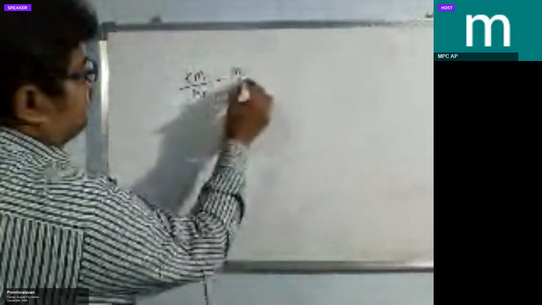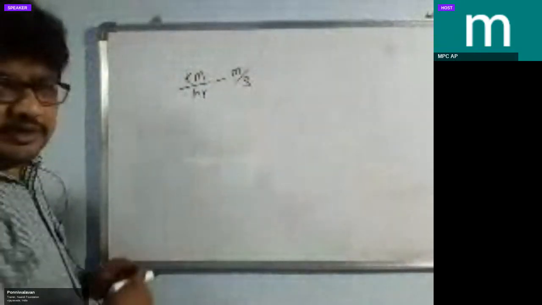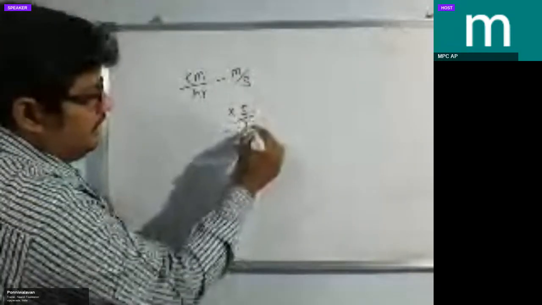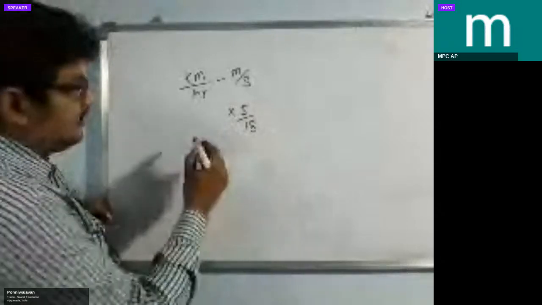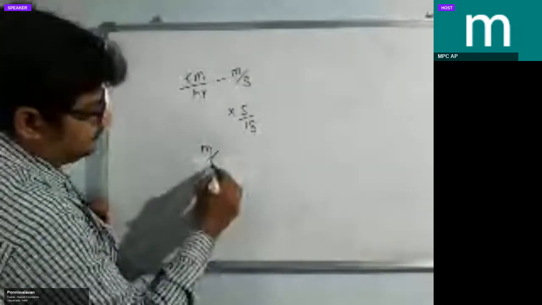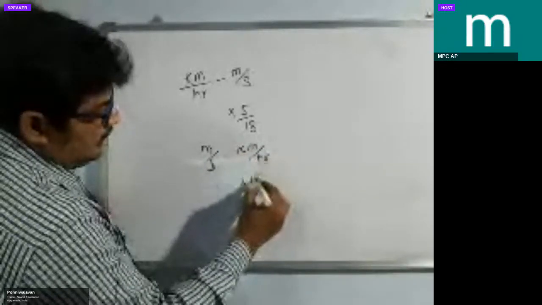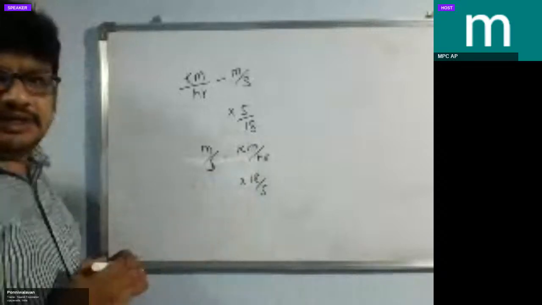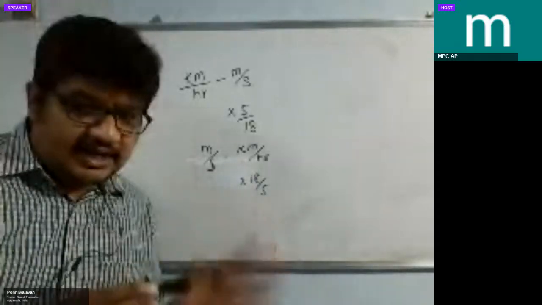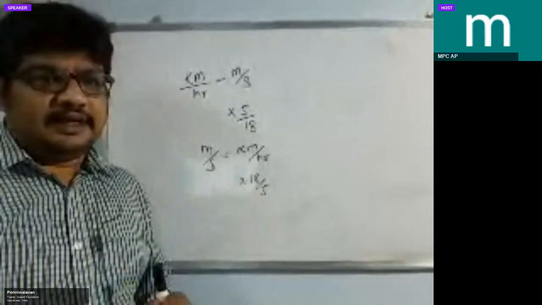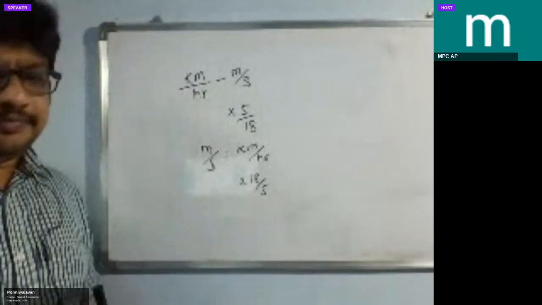Multiply by 5 by 18. Meter per second to kilometer per hour, multiply by 18 by 5. These are all the things I already told. Directly we will go to the problems.